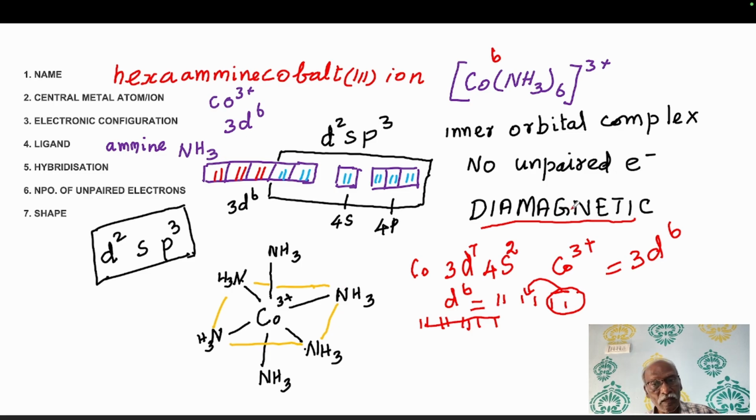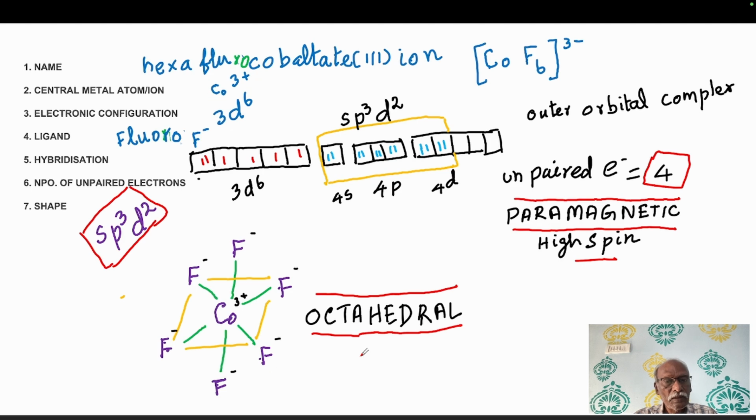The molecule is diamagnetic in nature. It is an inner orbital complex and octahedral in shape. This is all we have to know about this compound. Now we shall pass on to the next compound of cobalt.